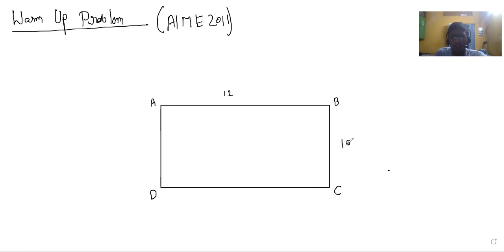Then you have points E and F which are inside the rectangle. BE is 9. More importantly, BE is parallel to DF. So this is line BE, which is parallel to DF. I should label them first.